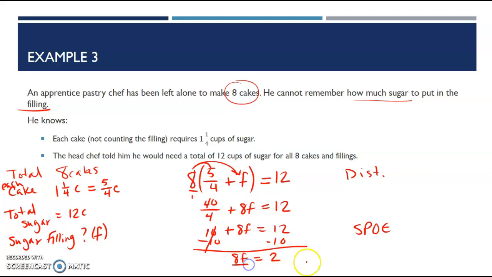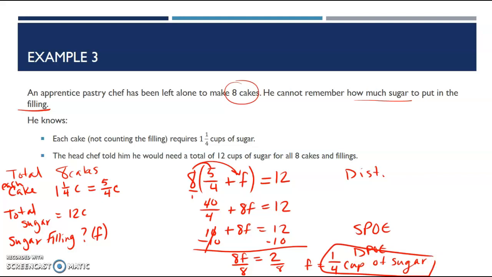And then we divide both sides, so DPOE, by 8. So I know that F equals, I know that 2 goes into both 2 and 8. And so 2 divided by 2 is 1, and 8 divided by 2 is 4. And so it takes 1/4 cup of sugar for the filling. And I just completely skipped over my DPOE.